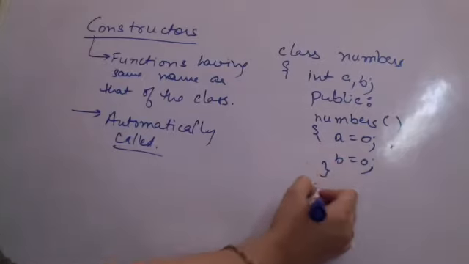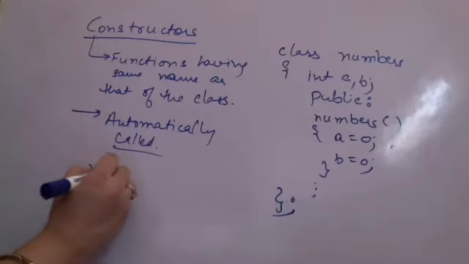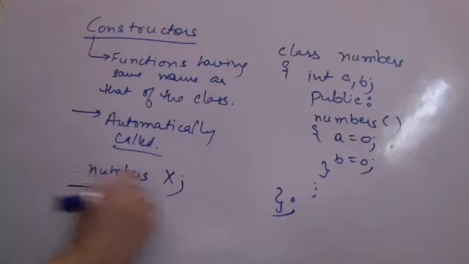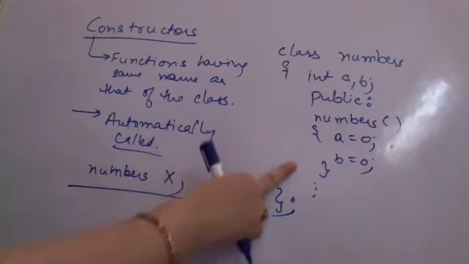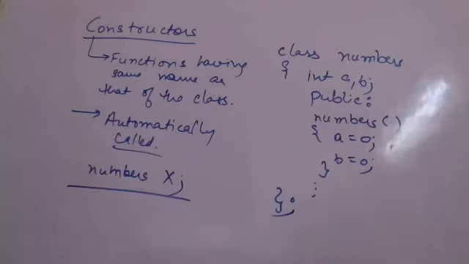And I will be having other things in the class. Whenever I am creating an object of the class numbers, say X, automatically the constructor of the class will be called and the members A and B will be initialized to whatever I am mentioning. I am mentioning it to be 0 in this case.